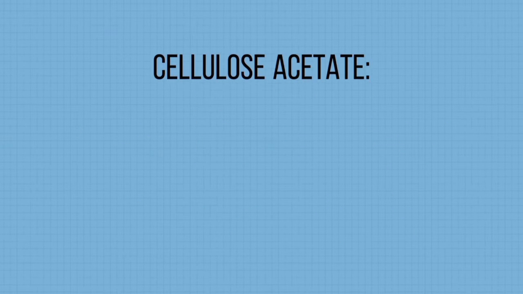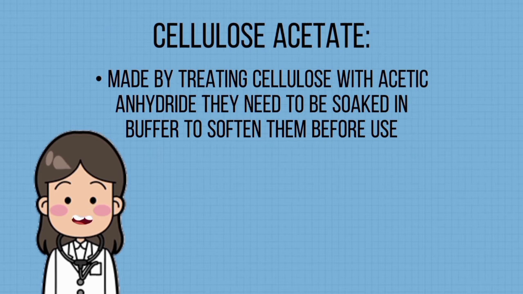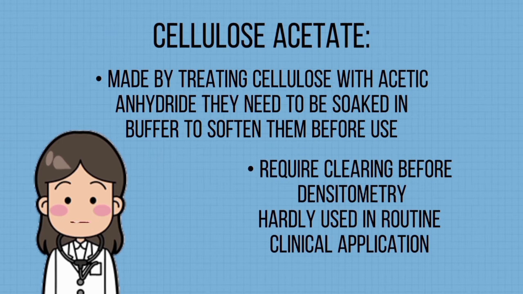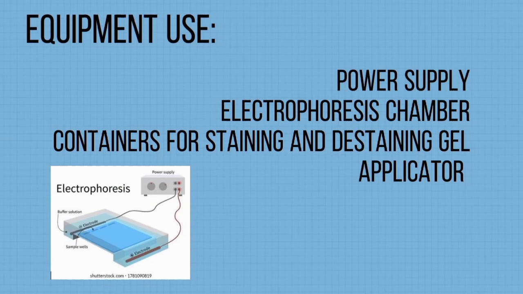Cellulose acetate. Requires clearing before densitometry, hardly used in routine clinical application. Equipment used: power supply, electrophoresis chamber, containers for staining, and the staining gel applicator.